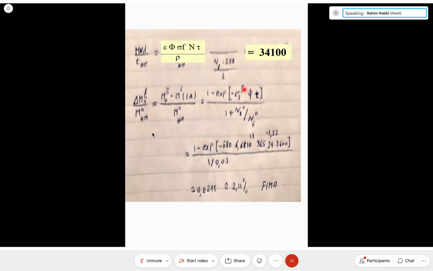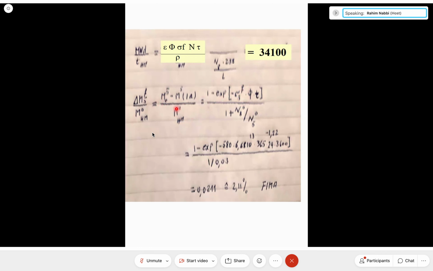Only fission. And you see here then M5, initial value, and this is M, heavy metal, on the initial condition.